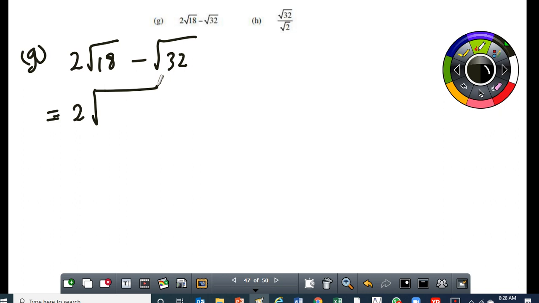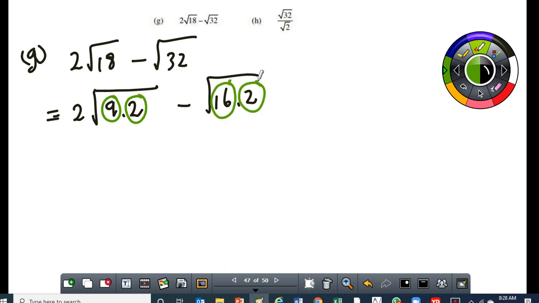So the 18 I can write as 9 times 2, right? Minus. The 32 I can write as 16 times 2. Okay, so I have written these numbers. Remember, that's your perfect square, that's the prime number. That's your perfect square, that's the prime number. So I've written the 18 and the 32 as products of a perfect square and a prime number.